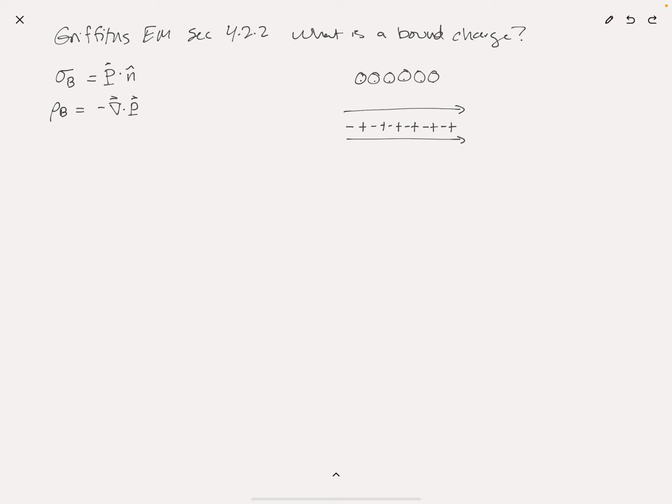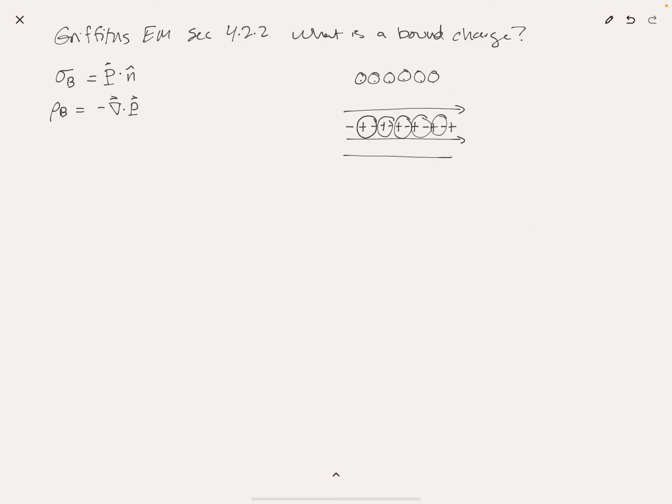And this isn't exactly what happens in defining these bound charges, but I like to conceptualize the existence of surface charges as saying, right, well, I can go ahead and group this, this, this, this, and this. Those are negative and positive charges. They didn't originally come from the same atom or molecule, but those are electrically neutral groups.